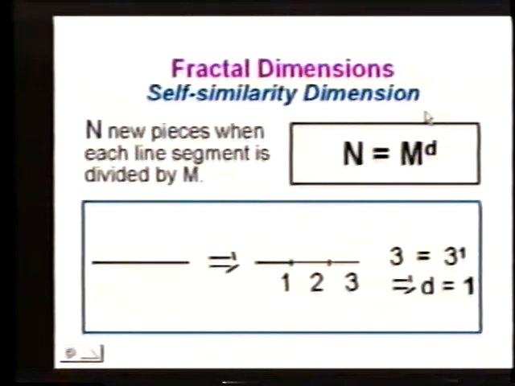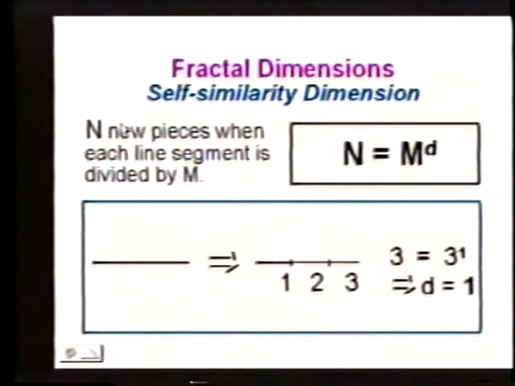It basically says that what we're going to do is take an object and cut it into m pieces. So we're going to replace each line segment by m line segments. And when we do that, we're going to find n pieces, each of which is geometrically similar to the original object.